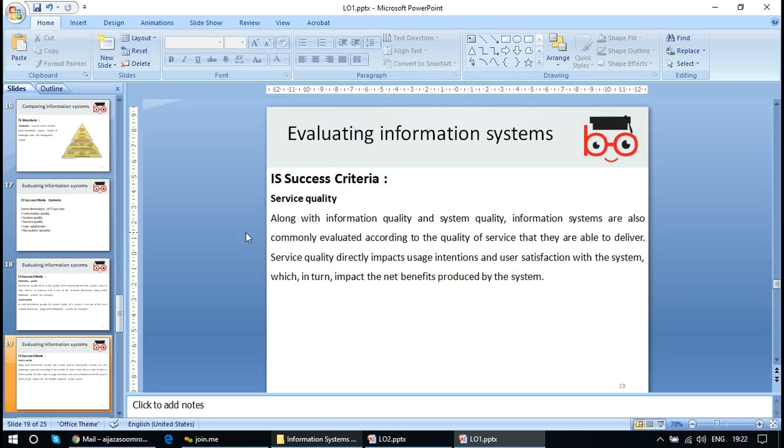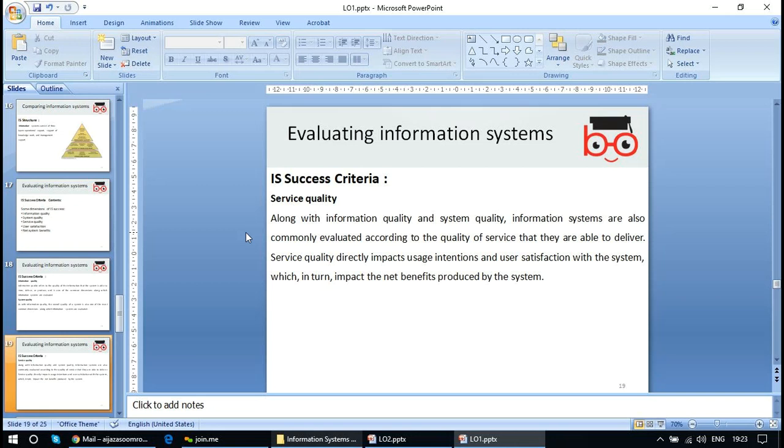So no matter if the information quality is good and the system quality itself is good, if you don't deliver good service, then you don't have a successful information system.